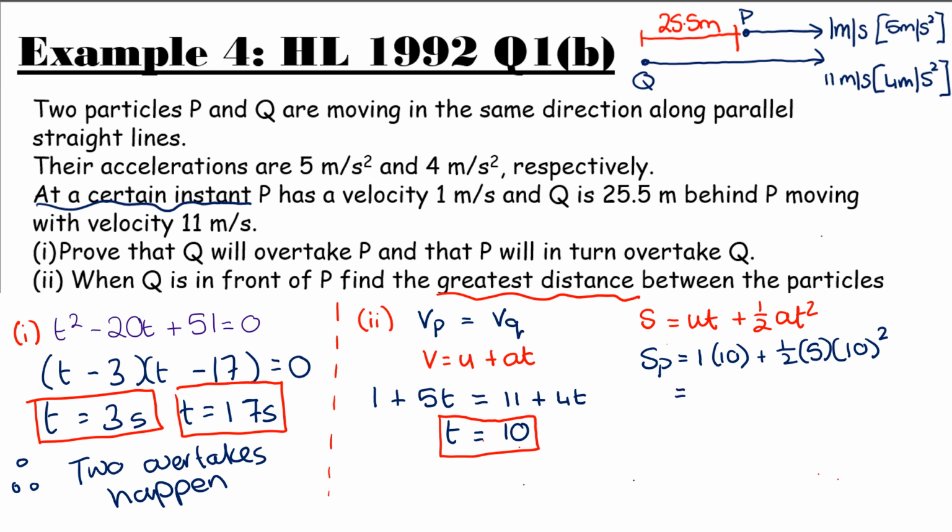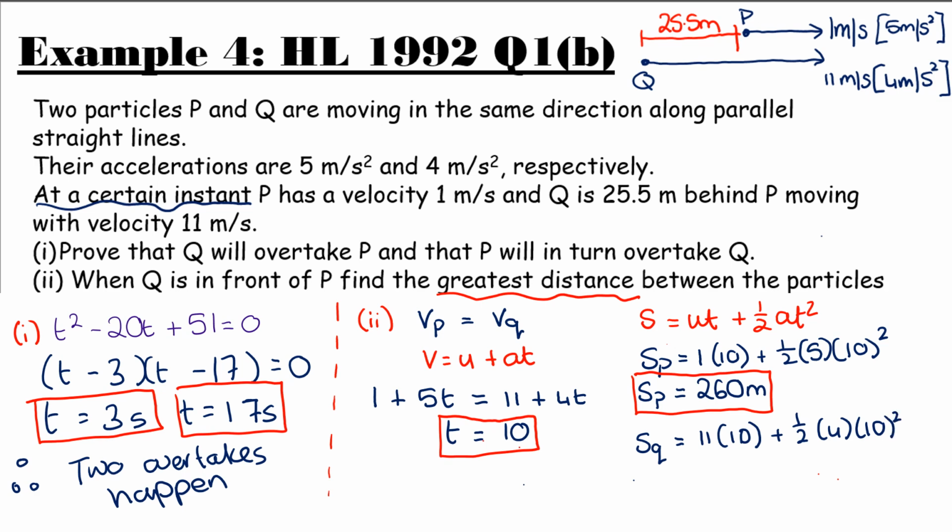That gives us 260 meters. So in the first 10 seconds, at the point where there's the greatest distance between them, the distance traveled by P is 260 meters. For Q then, we're going to have 11 times 10 plus a half times 4 times 10 squared.